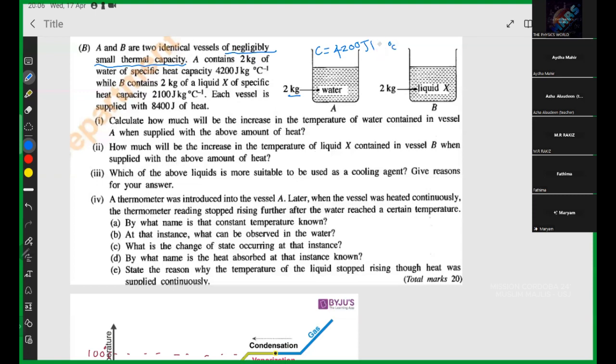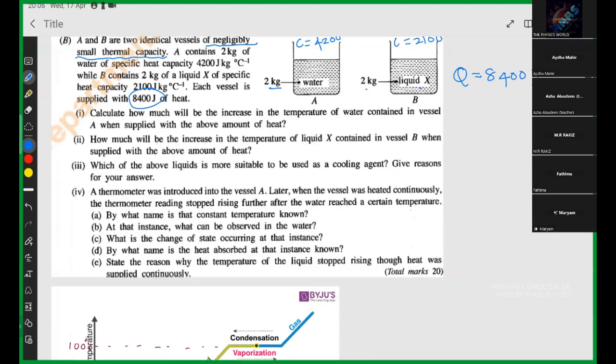These units are not needed; just write C equals 4,200. Here also there's 2 kilograms of liquid X. Here what is the C? 2,100. For both, we are supplying this amount of heat. So what is the Q? 8,400 joules. I hope this is clear.